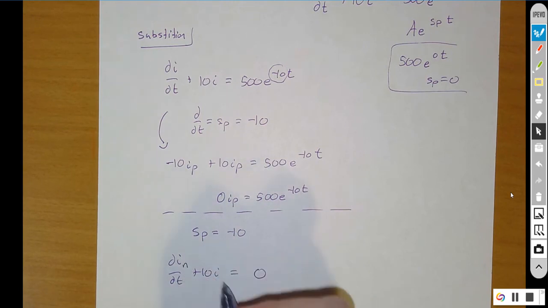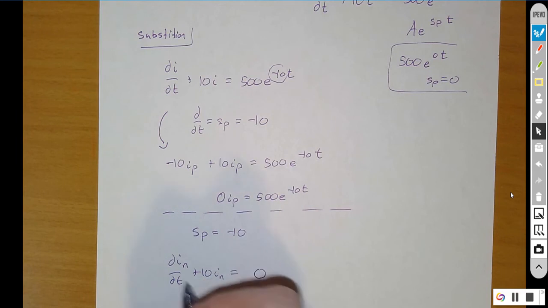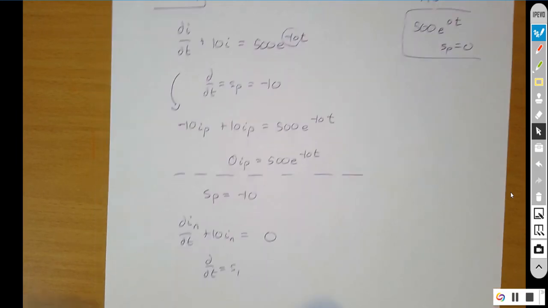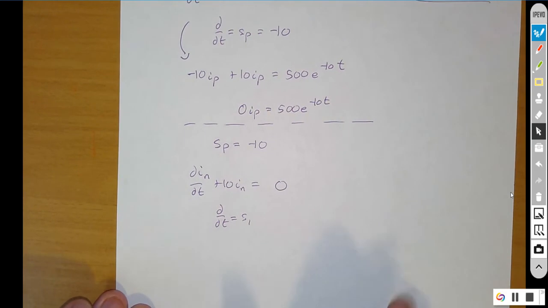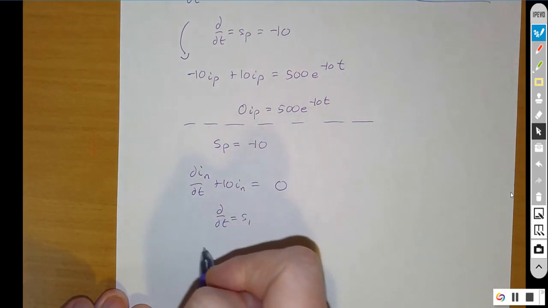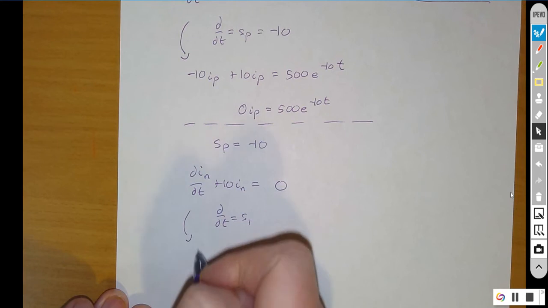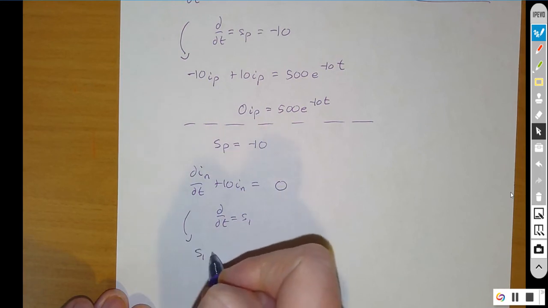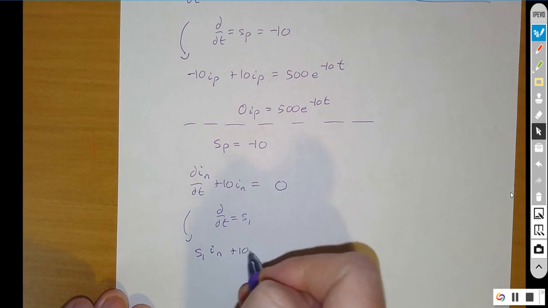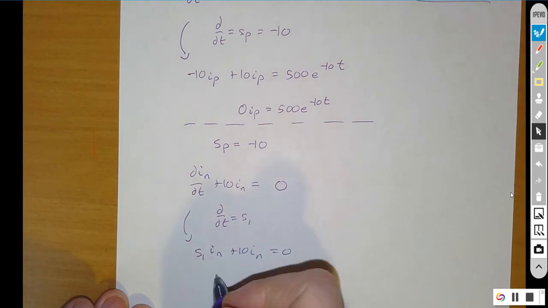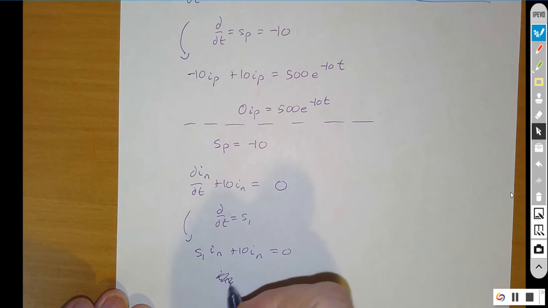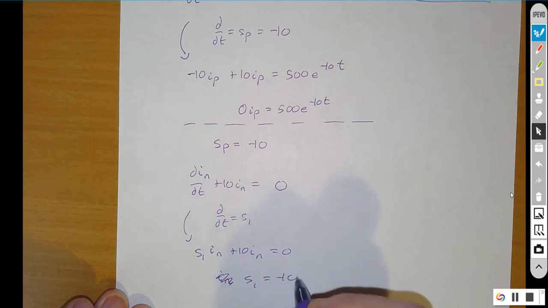So we're going to find our I natural in this case. We're going to sub in that d/dt is equal to S1, and we'll try to find that. You're going to find that S1 times i_n plus 10 i_n equals 0. We divide that out, and we find that S1 is equal to negative 10.